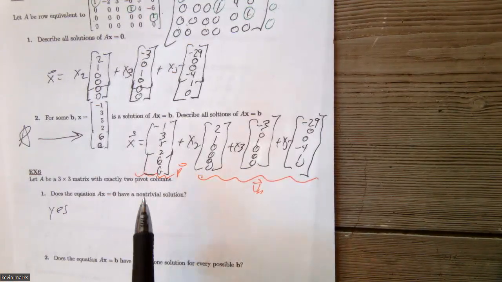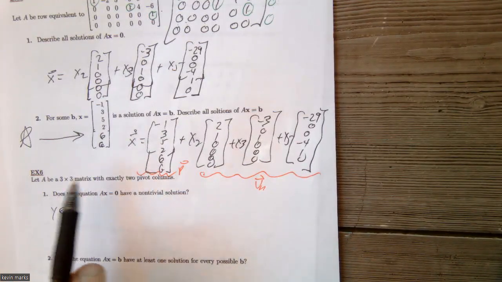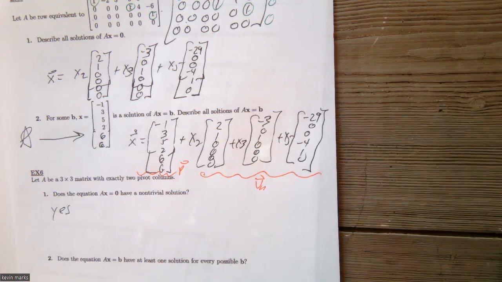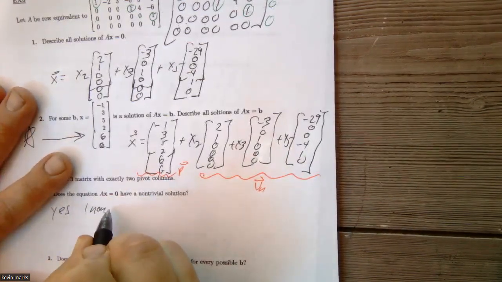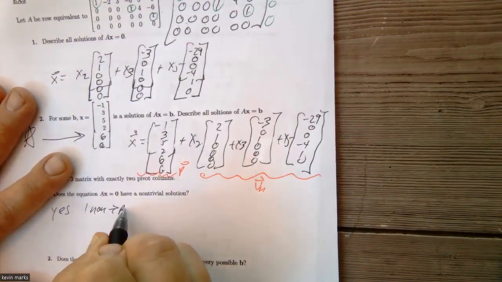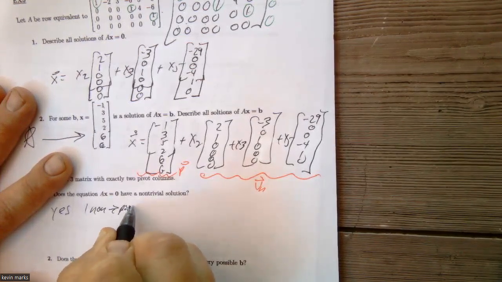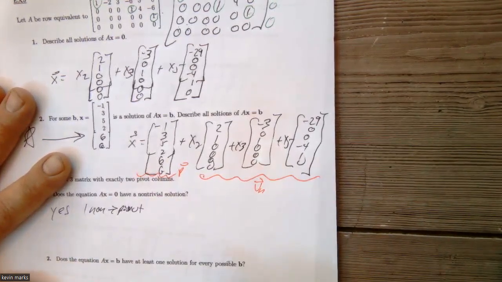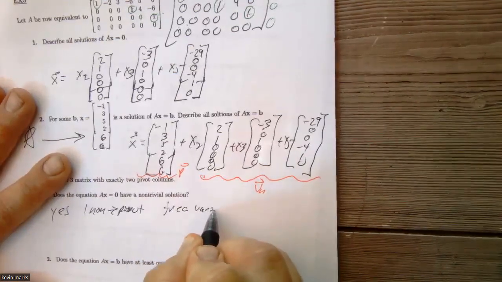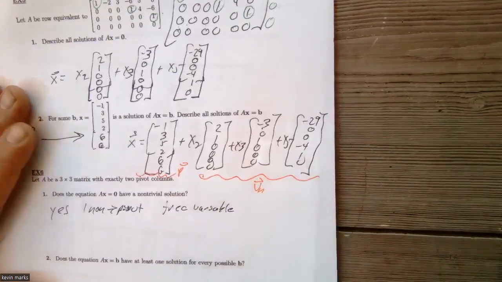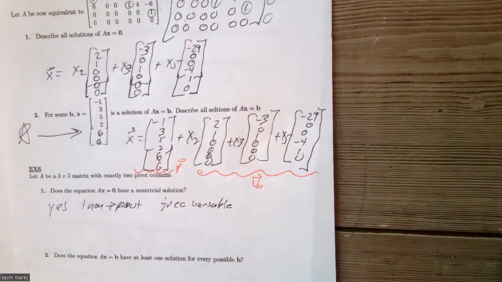Because if there's exactly two pivots and it's 3 by 3, that means there would have to be one non-pivot, right? So if there's one non-pivot, then that would imply there has to be a free variable. If there's a free variable, you've got non-trivial solutions, right?